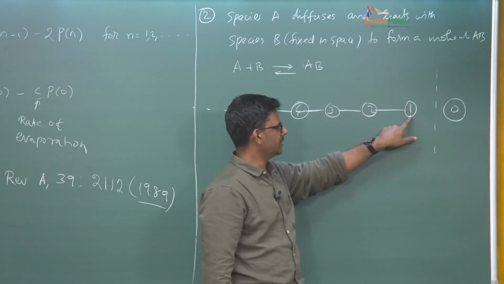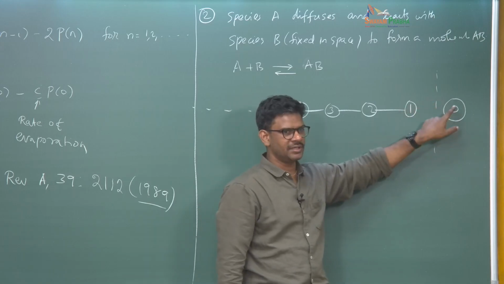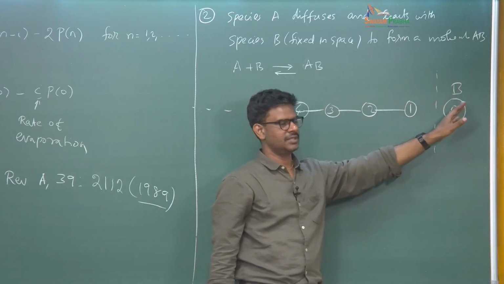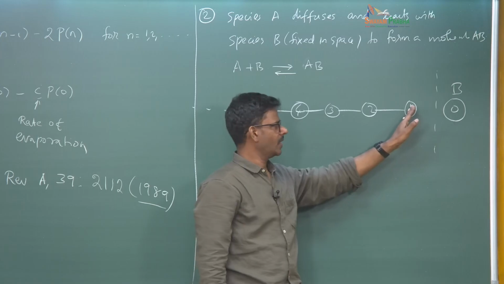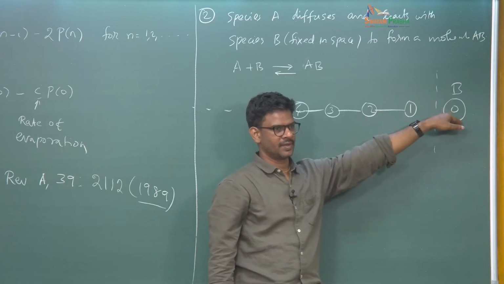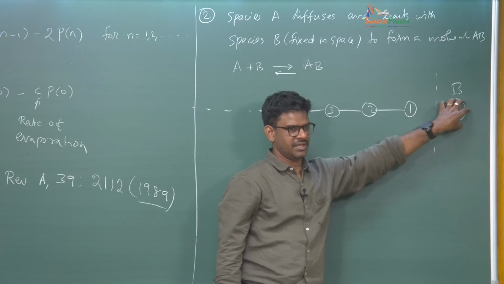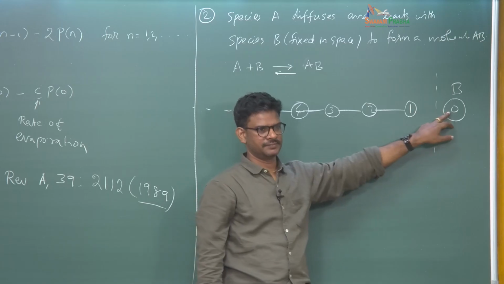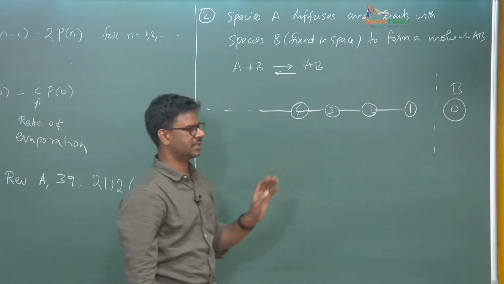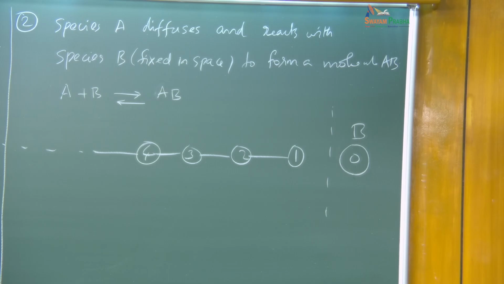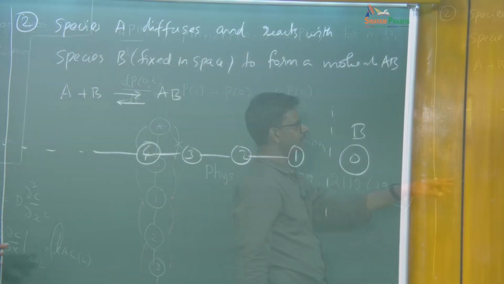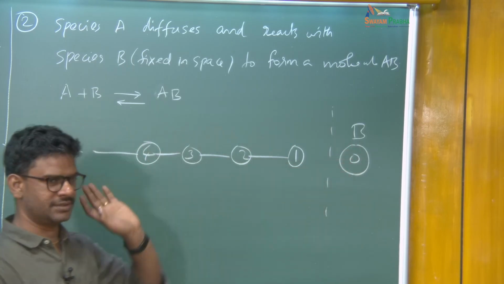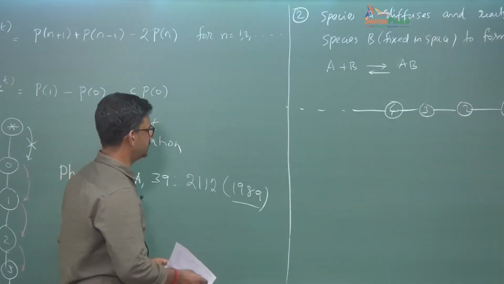Once you have molecule A here, it can actually bind with molecule B. B is sitting at this state, just outside this interface. So, A has to diffuse all the way here. Once it is here, it can react with B, but this bound state AB can also dissociate back to give A, and this A can freely diffuse back. So, very similar to the problem we talked about here, but the only thing is here we are saying that there is a forward reaction to form AB and there is a dissociation reaction to release A.